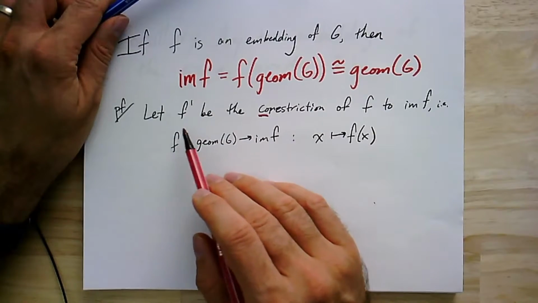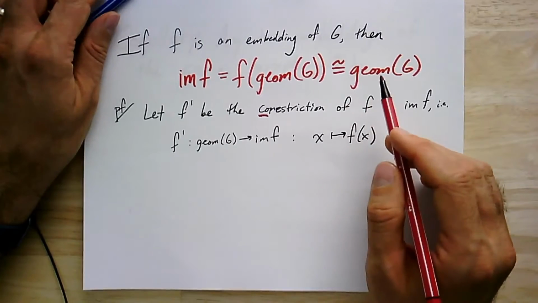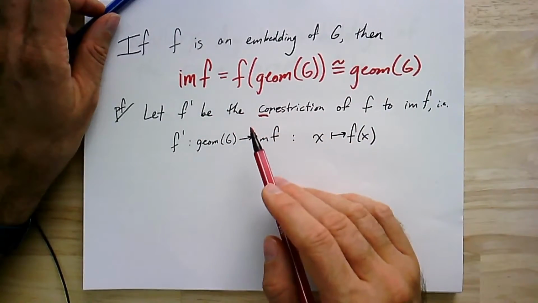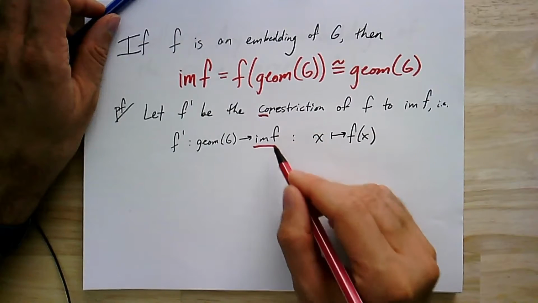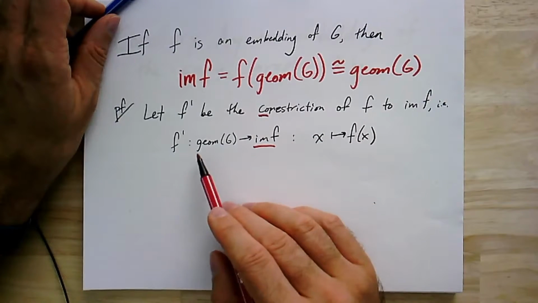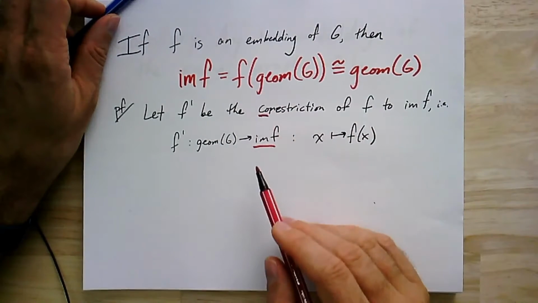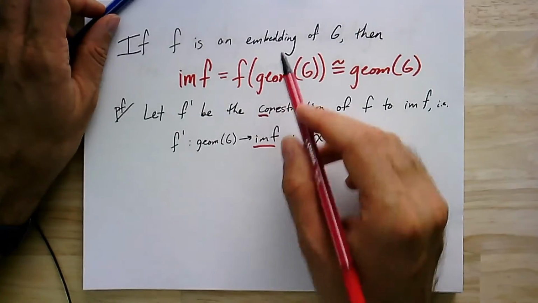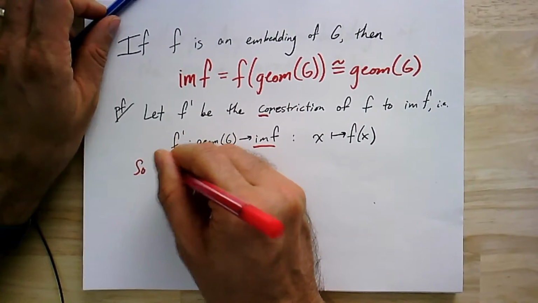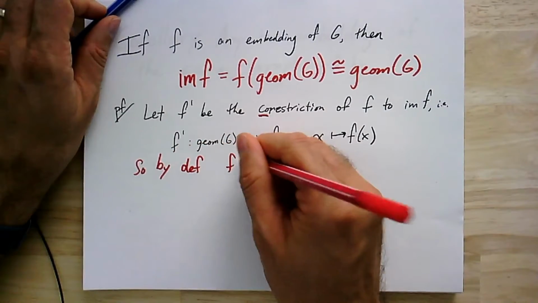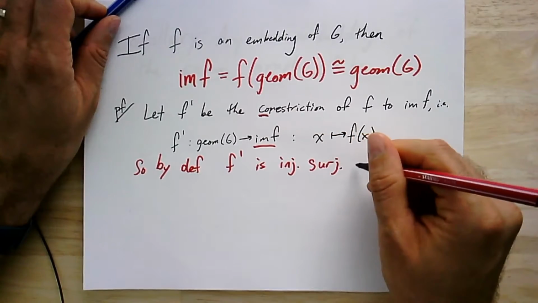Technically f mapped it, say, if this is a planar embedding, into R2, but we restrict the codomain to the image, and that forces this to be a surjective function. If it's an embedding, then it's injective, it's surjective, and since it's an embedding, it's also continuous. So just by all the definitions here, f prime is injective, surjective, and continuous.